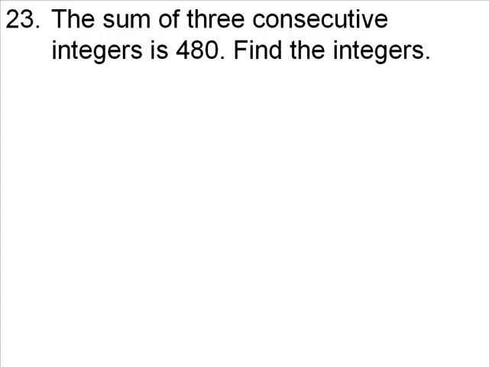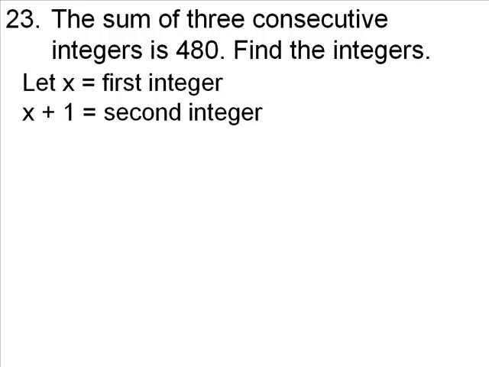You're turning one page, aren't you? So if x is my first number here, then I've got to be one bigger than that to go to my second integer. Okay? One bigger than that. How do you say one bigger than x? X plus 1 is the second one, isn't it?